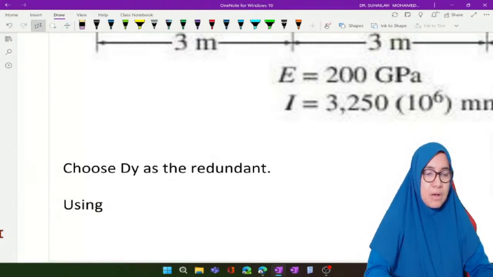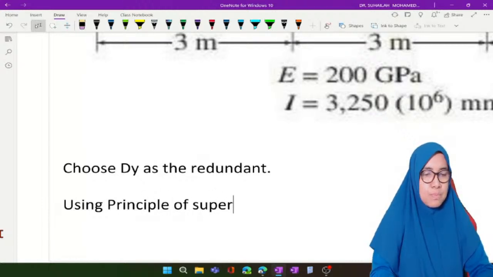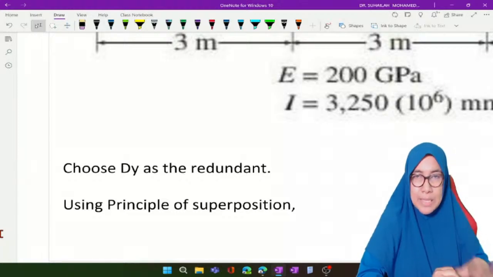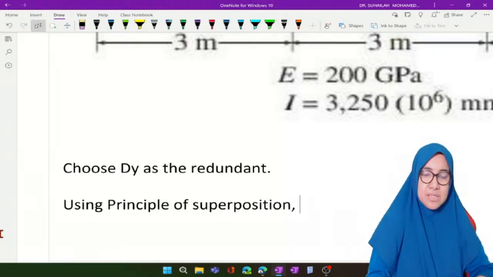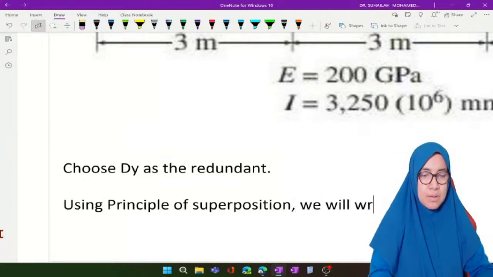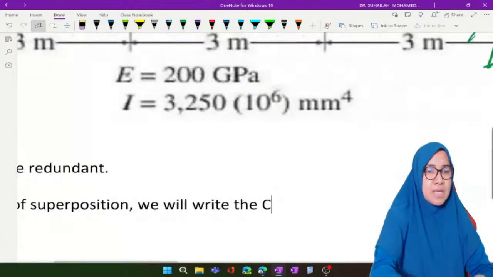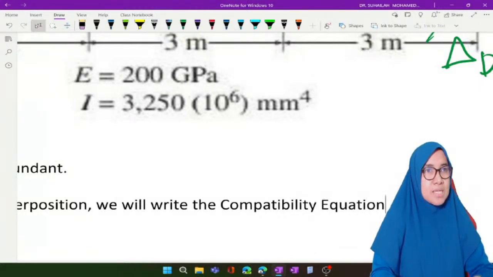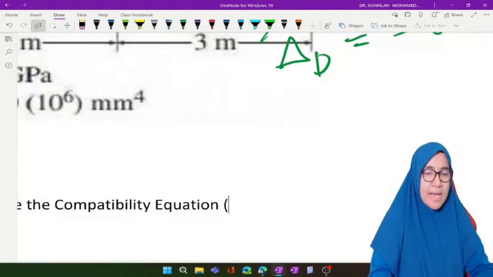Using the principle of superposition, we will write the compatibility equation, which is also known as the flexibility equation.